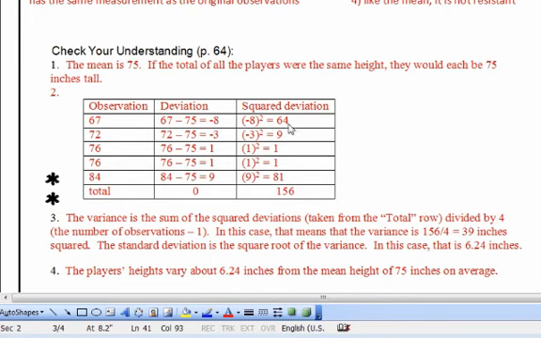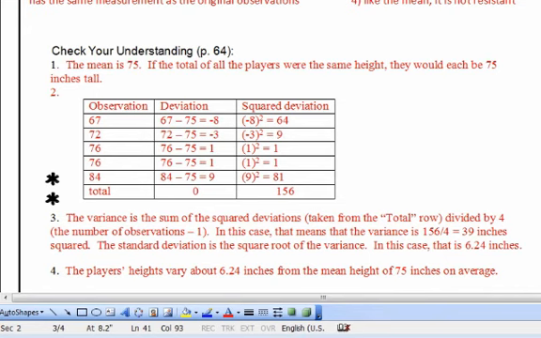The squared deviation is when we square all those numbers and get 64, 9, 1, 1, 81 for a total of 156. Now remember, the deviations are going to add to 0. Show how to calculate the variance and standard deviation from the values in your table.